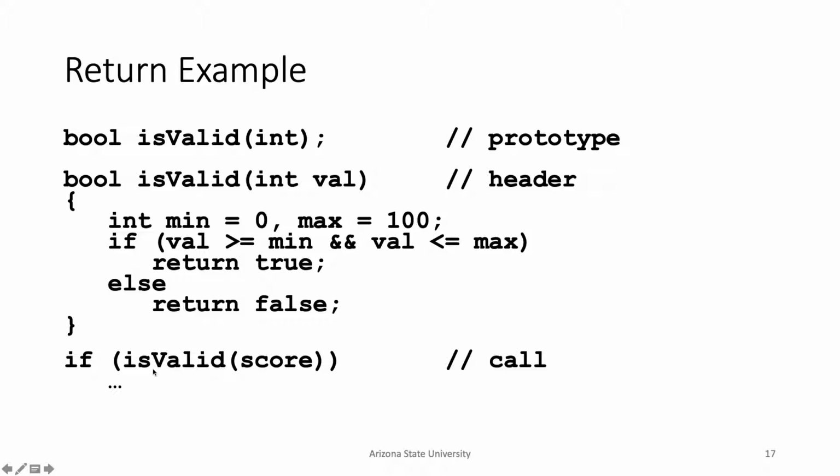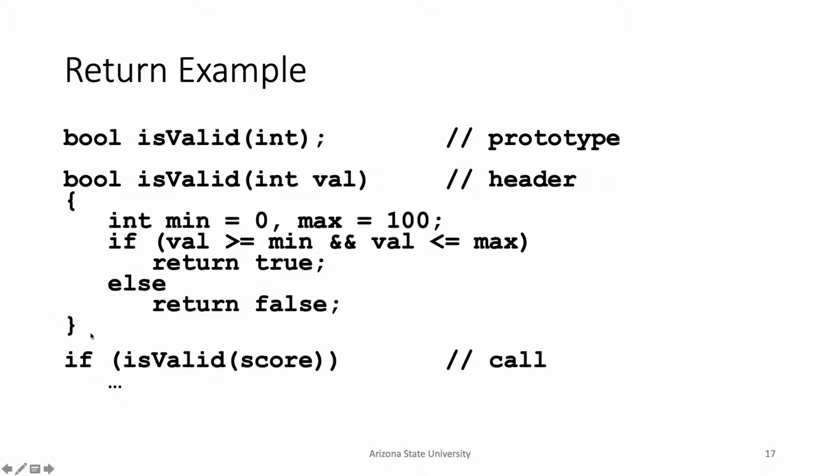So we call the isValid function with score, which we can think of as maybe some user input. If isValid of the user's input evaluates to true, then the code corresponding to that if statement could be, now we can work with the user's input being valid. If this condition evaluates to false, we know that the user's input was not good.